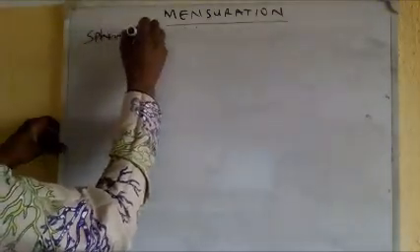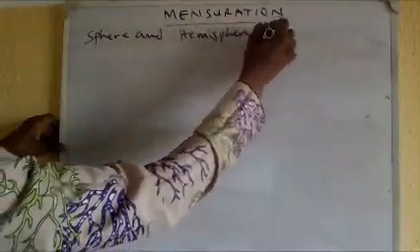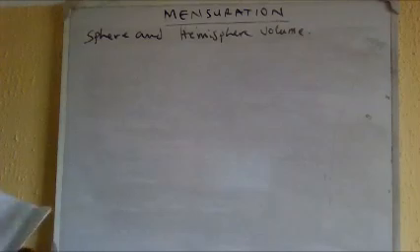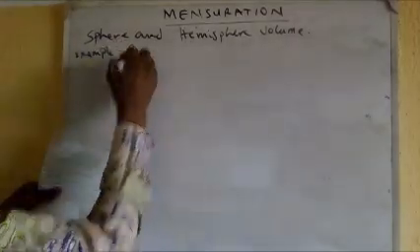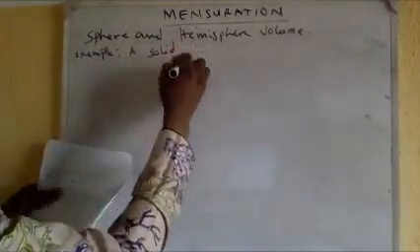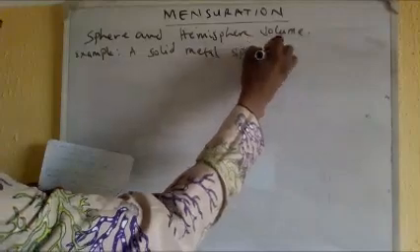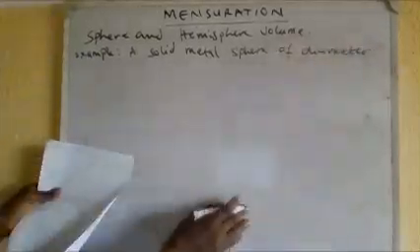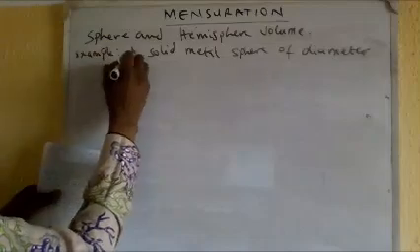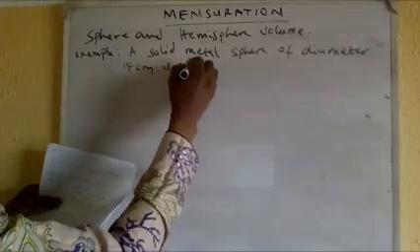Example under this topic, it says a solid metal sphere of diameter 14 cm is melted. Again, we are melting.